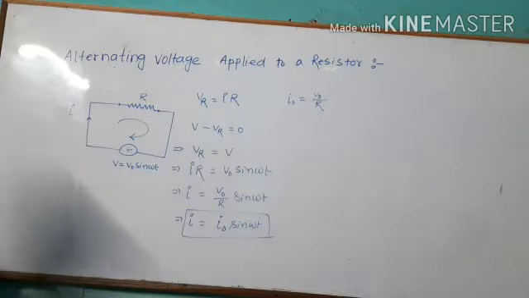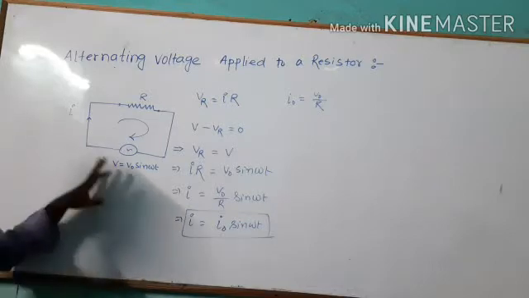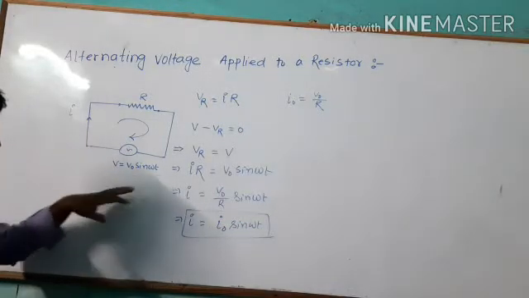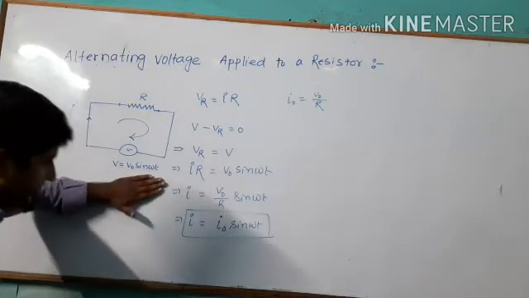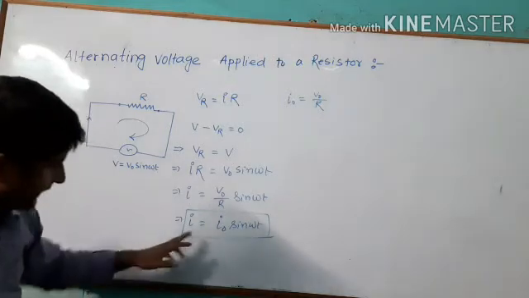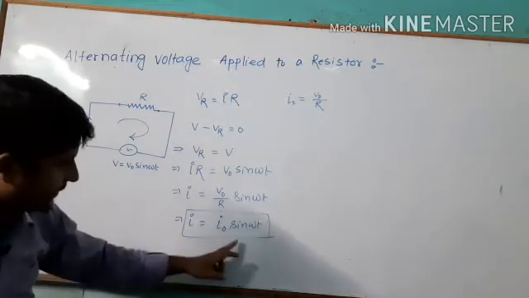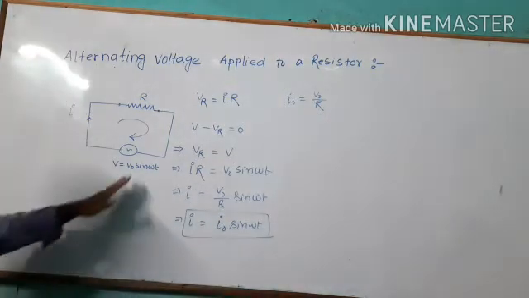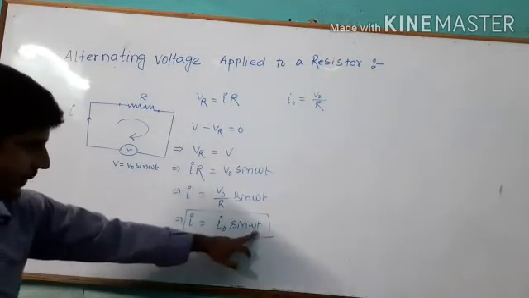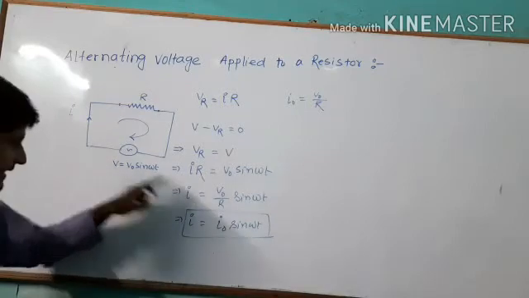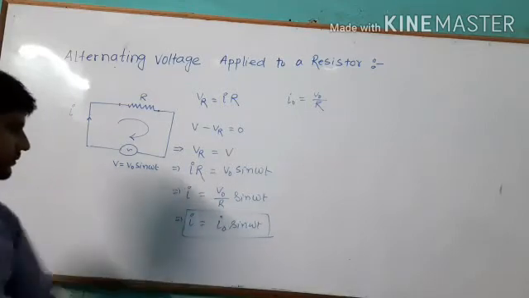So in this circuit, the voltage applied is V equal to V0 sine omega t, and the expression of the current is I equal to I0 sine omega t. So it is clear that they are both in phase of omega t, and the phase difference between these two is 0.